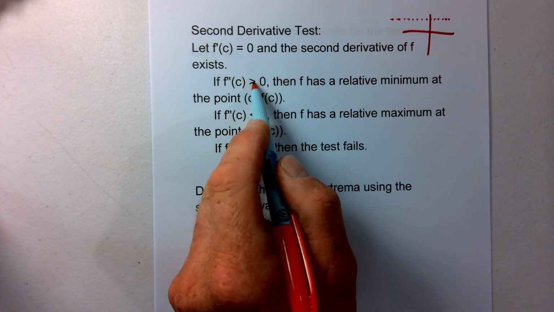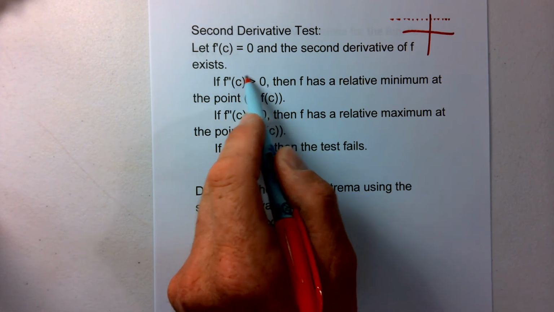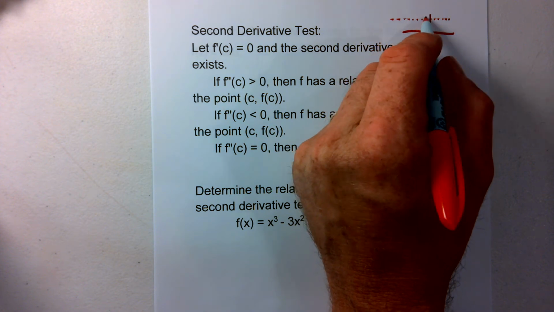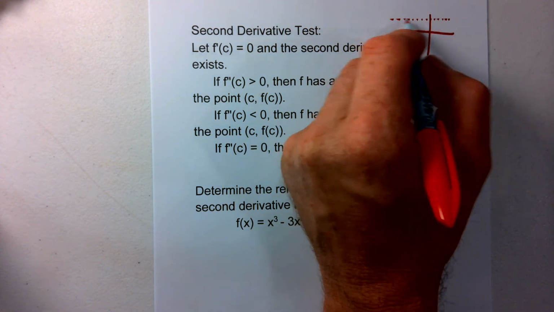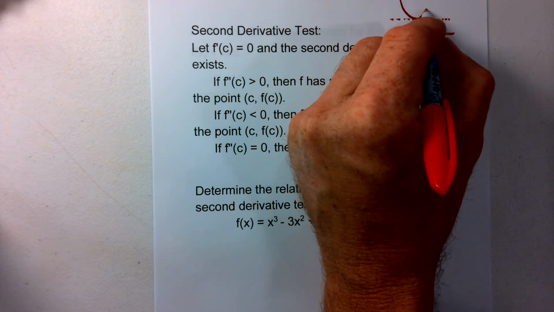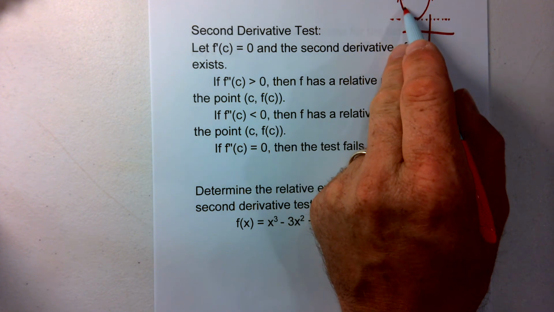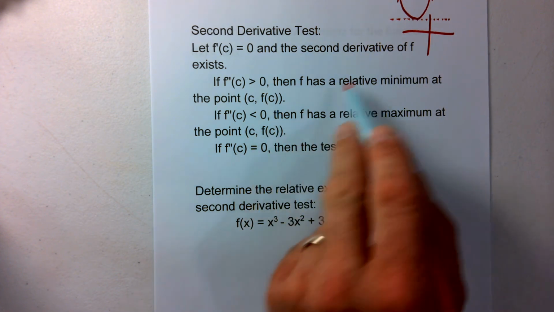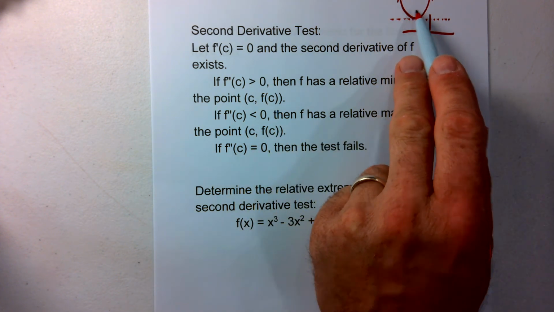If f double prime is greater than 0, we know it's going to be concave up. We can't make a concave up curve below this horizontal tangent line. It's got to come up like this. So that's the only way we can be concave up and have a horizontal tangent line for our f double prime to be positive.